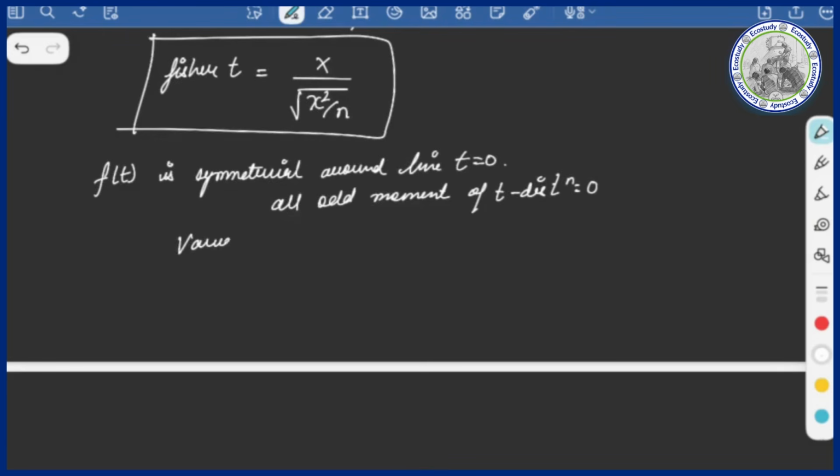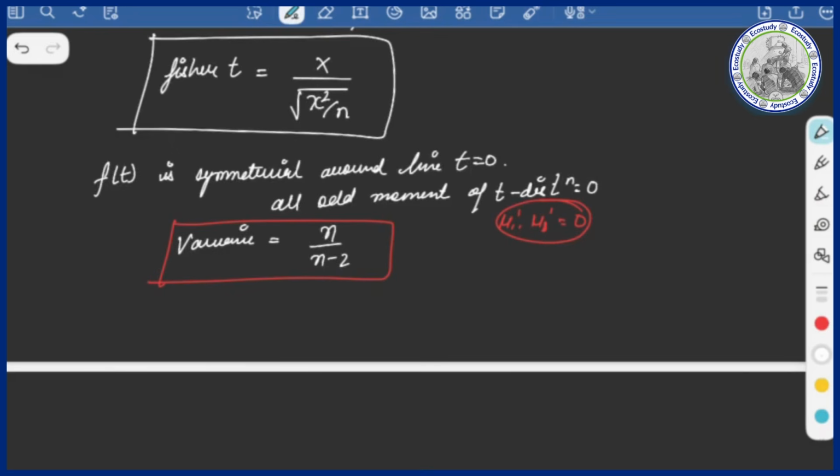But variance is not an odd moment. So variance is n divided by n minus 2. Always remember, all the odd moments, mu1, mu3, are 0 in the T distribution because it is symmetrical.